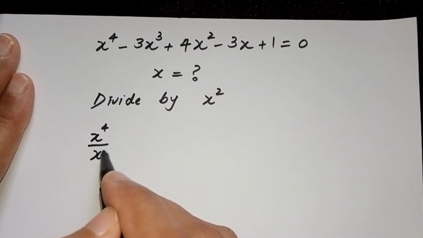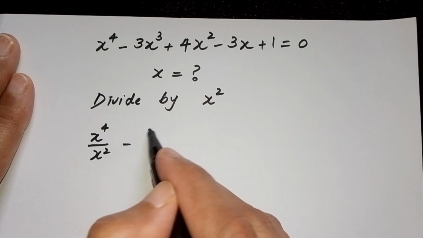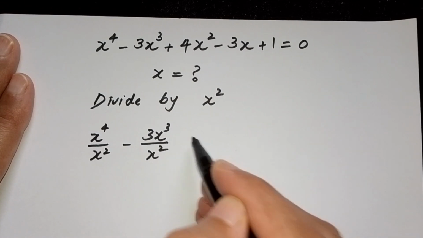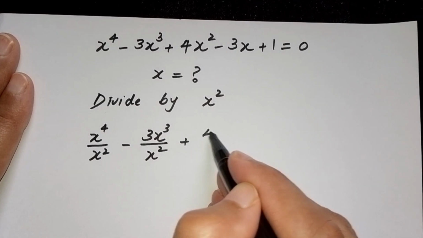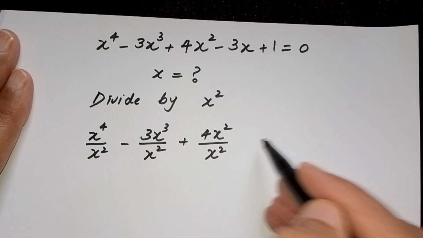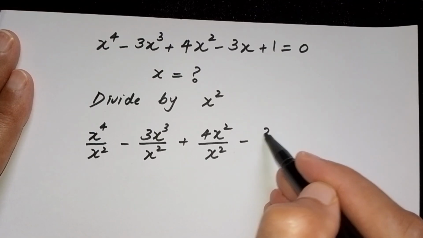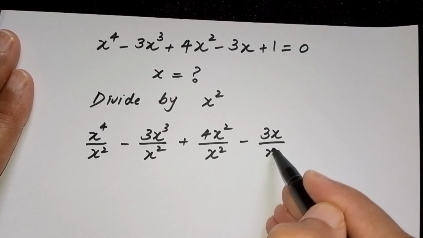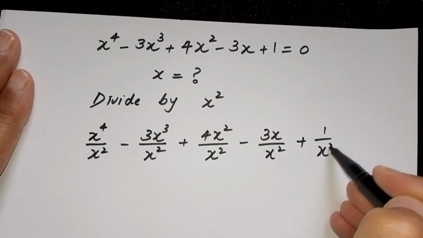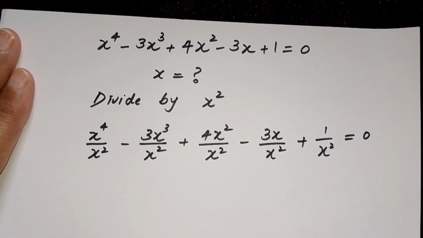x^4 divided by x^2 minus 3x^3 divided by x^2 plus 4x^2 divided by x^2 minus 3x divided by x^2 plus 1 over x^2 is equal to 0.